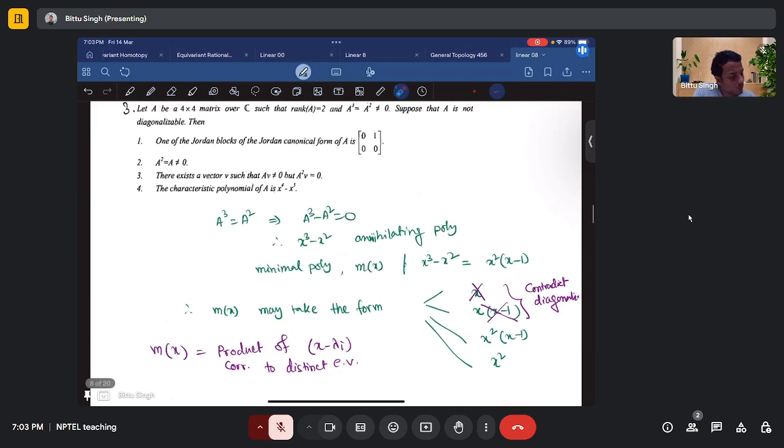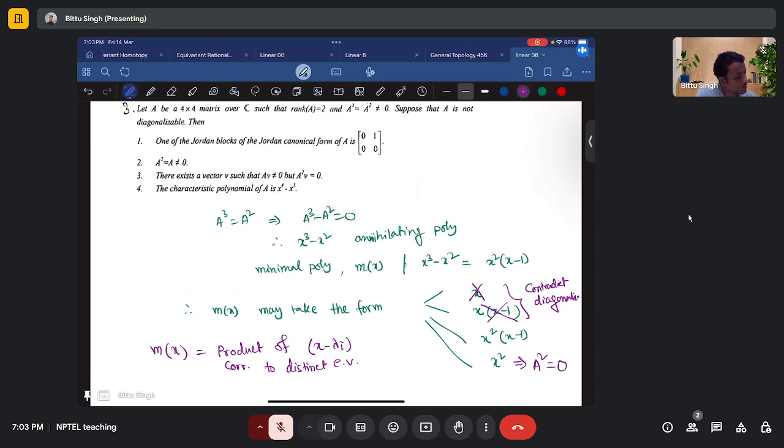Now what is the other thing which is given? Okay, it is also given A square not equal to 0. But if this is the minimal polynomial, this will imply A square equal to 0. Right? So this is also not possible.